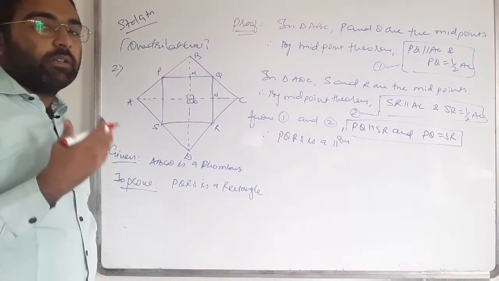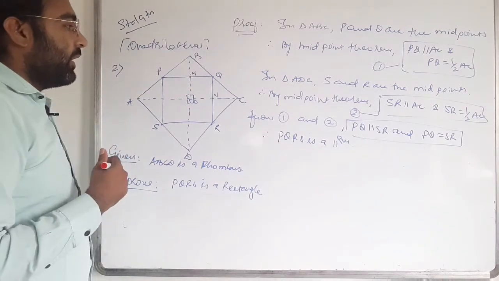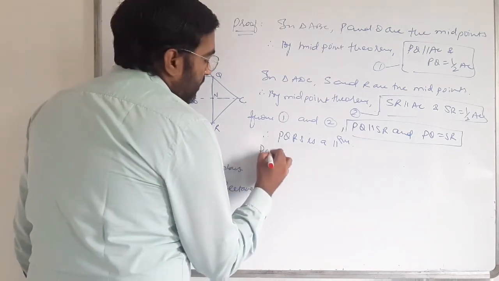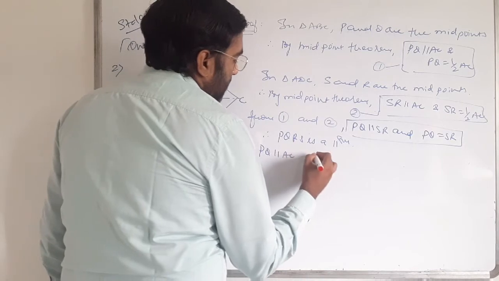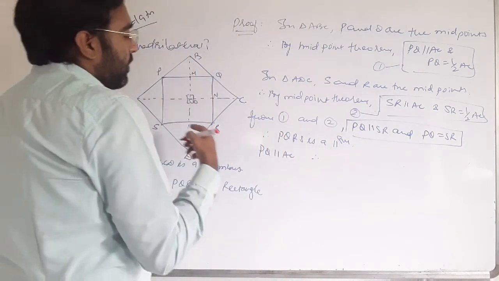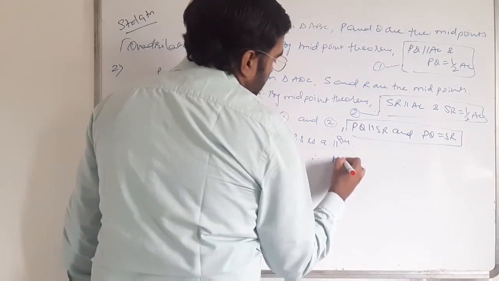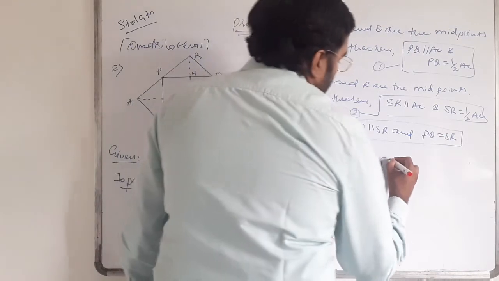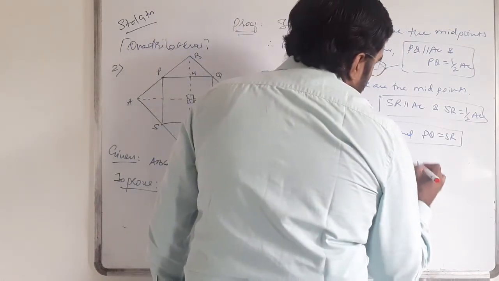Now PQRS is proved to be a parallelogram, and we have to prove that it is a rectangle. For that, PQ is parallel to SR. Therefore we also say that MQ is parallel to ON, because parts of parallel lines are parallel.